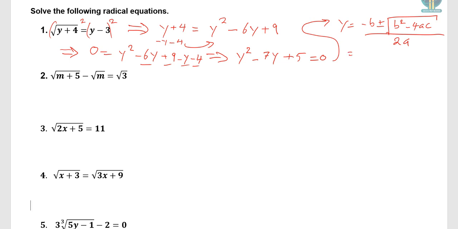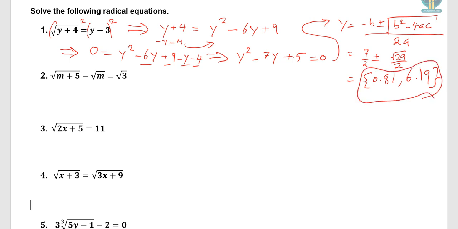Again, you can solve this on your own, but you'll end up getting 7/2 plus or minus the square root of 29 over 2, which when evaluated gives you 0.81 and 6.19, rounded off to the nearest hundredth.